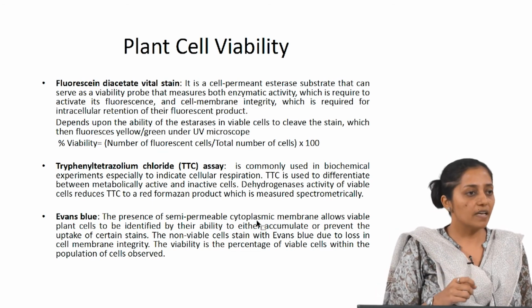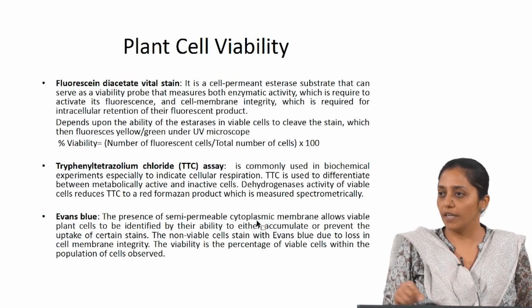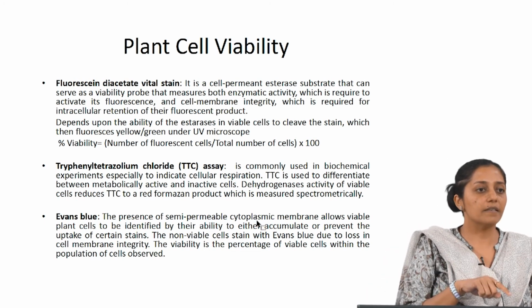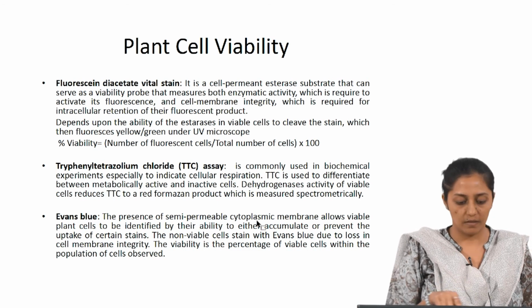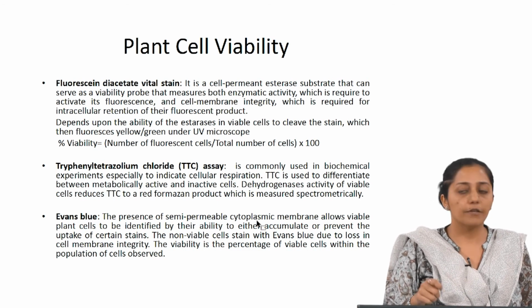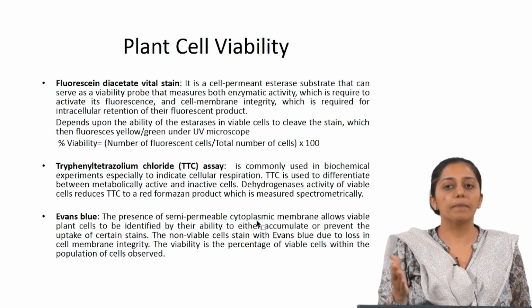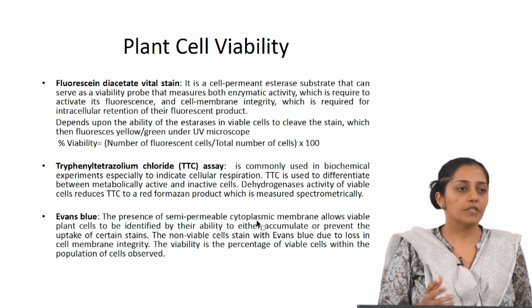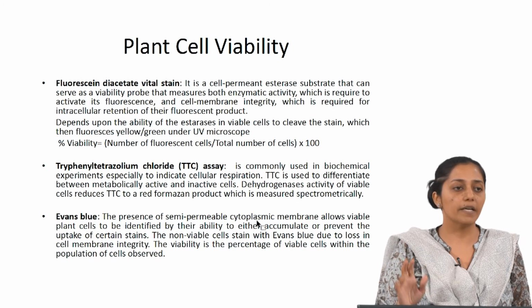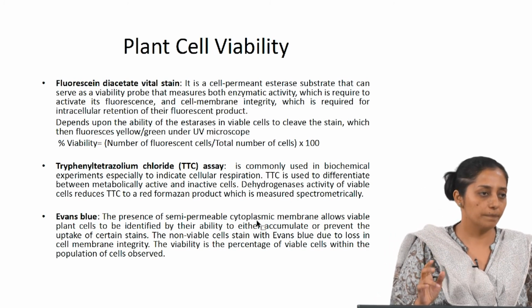Once it reacts with this tetrazolium salt, it forms a red formazan product. This red formazan product can be measured spectrophotometrically, which can then be used to calculate percentage viability of the cells.